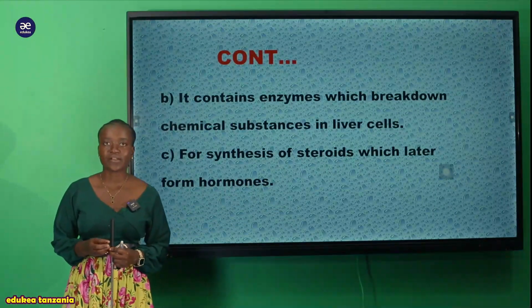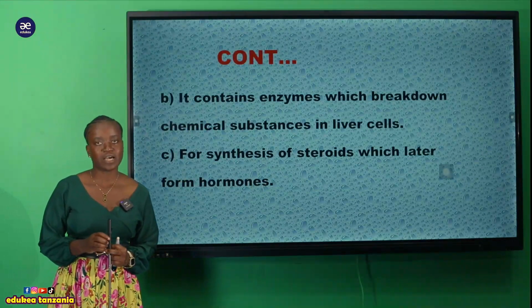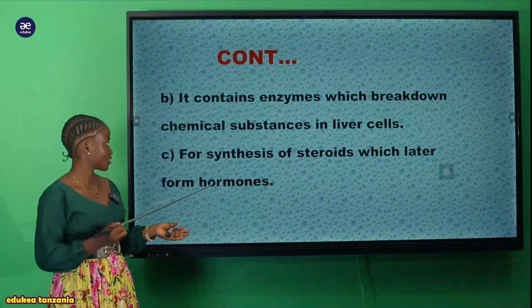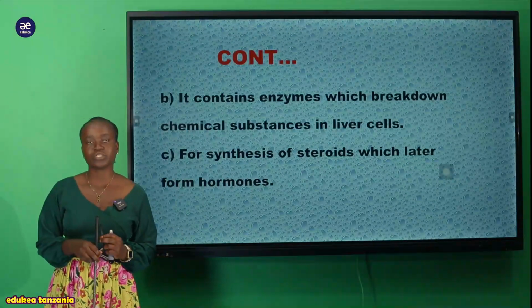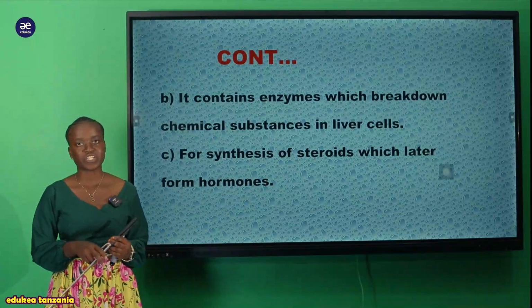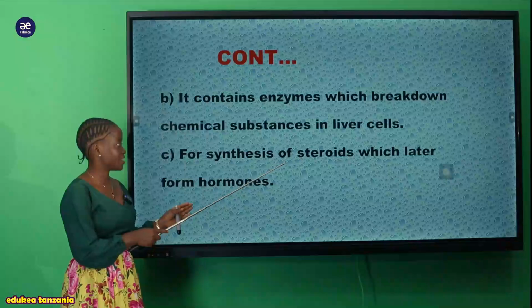You know that steroid ndiyo ambayo inatengeneza different kinds of hormone. An example of a hormone that is synthesized from steroid is the testosterone hormone. It comes from the steroid, progesterone hormone. All of them come from this structure, the steroid.